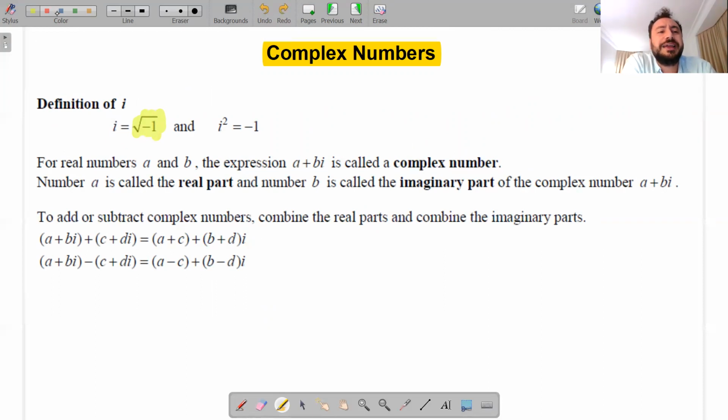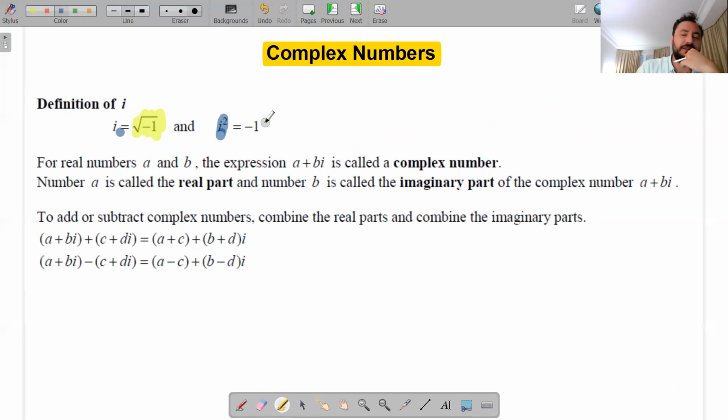Now you treat i as a sort of variable until you get to i to the power of 2. Only in that case, you switch to -1. So when you see i, it represents the square root of -1, and you treat it as a variable until i is to the power of 2. In that case, you just substitute -1.